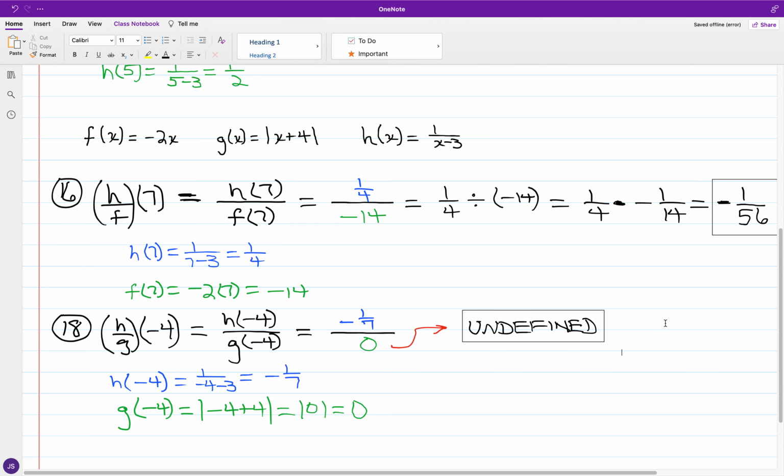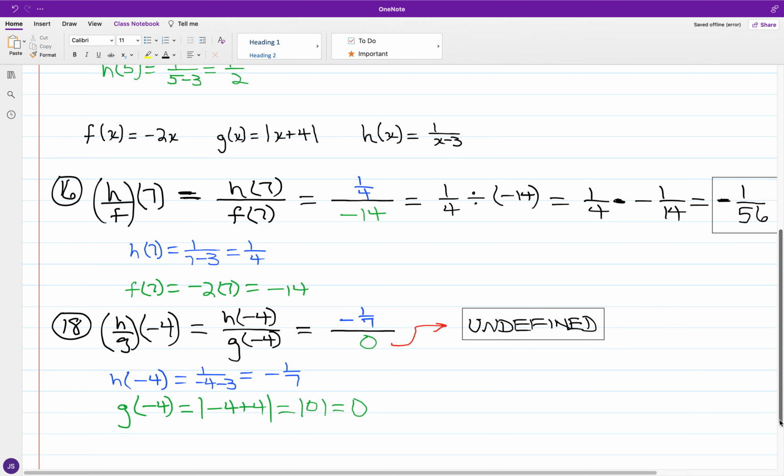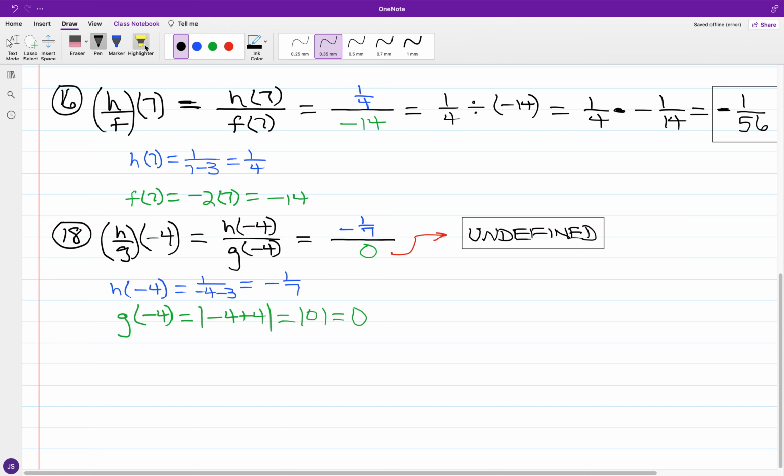Right. Now, for the crossover to numbers 20 through 26 even, now we are presented a different set of functions. For these, we have r of x equal to negative 3x.